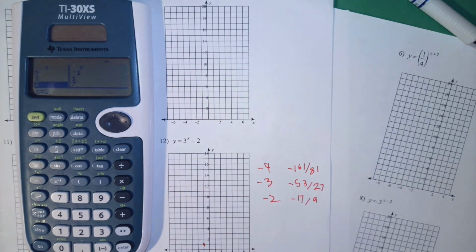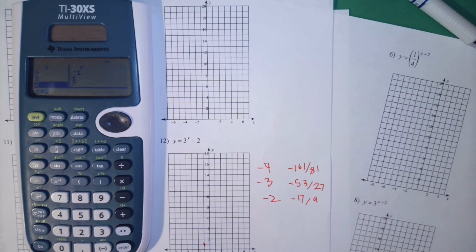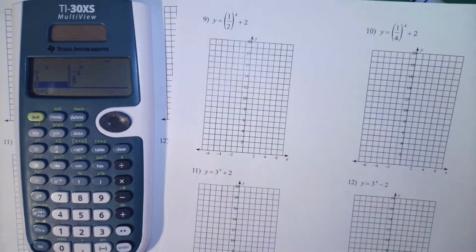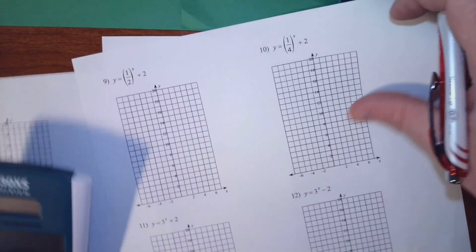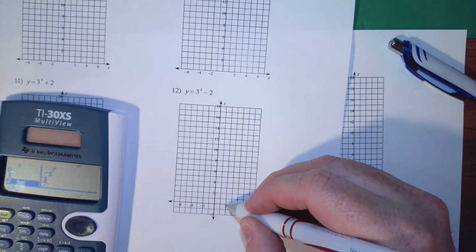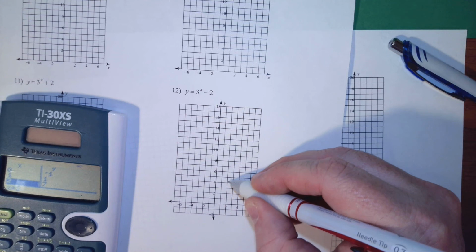Uh-oh, I think I'm doing this. You don't see what I'm doing, do you? Well, let me make sure we're doing this. So I got 2 is 7. That would be here.